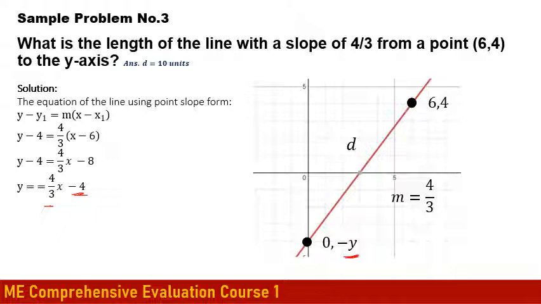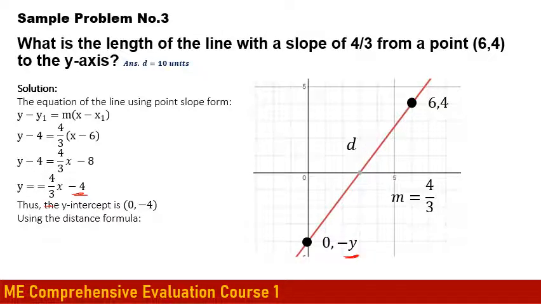So from this equation, we can find that the y-intercept is (0, -4). So the value of -y here is -4. So using the distance formula, we can now get the distance between (0, -4) and (6, 4). So we will just simply plug in the value to the distance formula between these 2 points and solve for the distance. So the distance is 10 units.